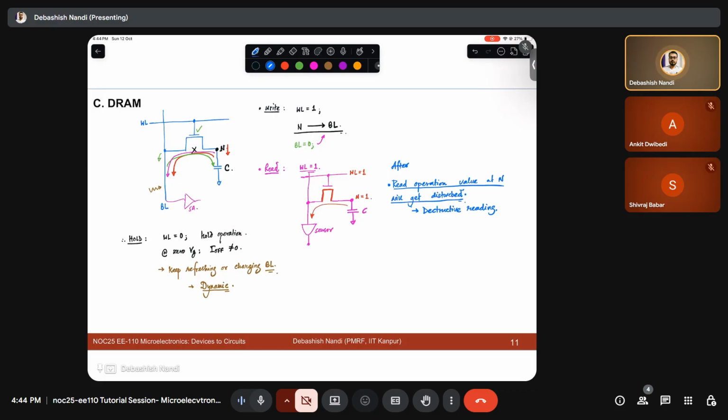So after every read operation, you need to compensate and again do the write operation, or make sure C is charged, so the value of the node is refurbished in that sense. Okay, so this is how your DRAM read, write, and hold operation works.